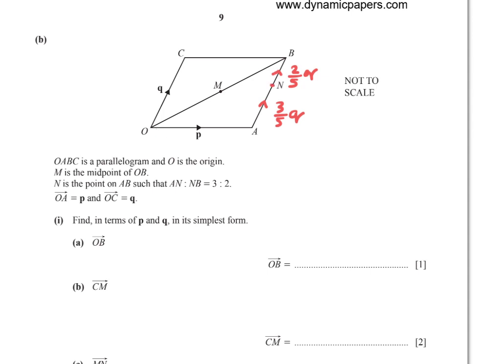Now if OA is B, this is also B. Now find OB. OB equals OC plus CB, so Q plus B. So OB equals Q plus B.